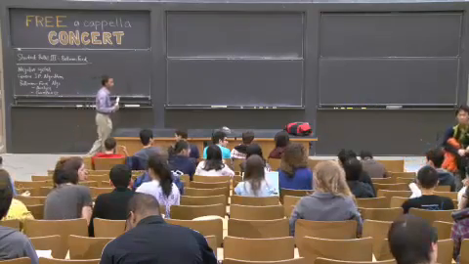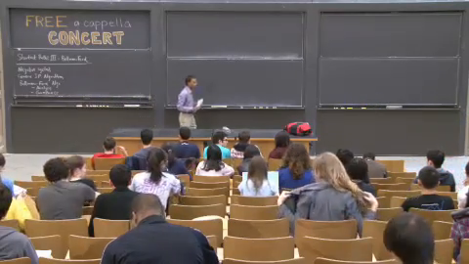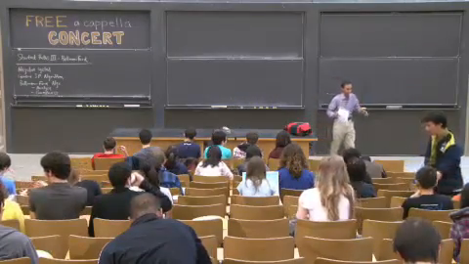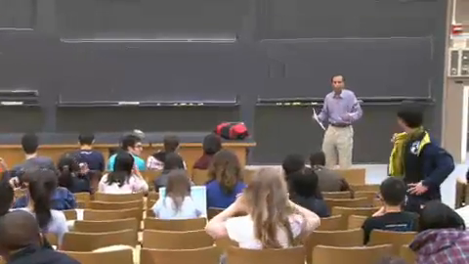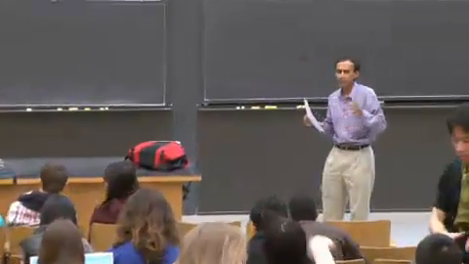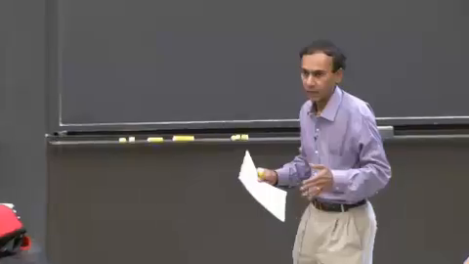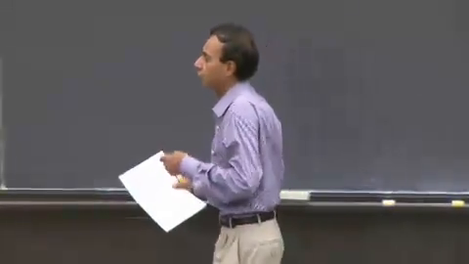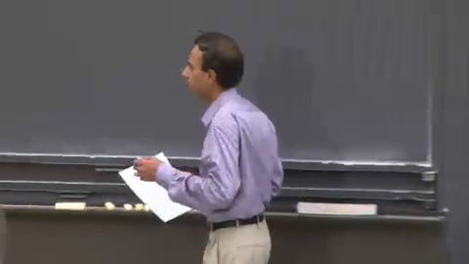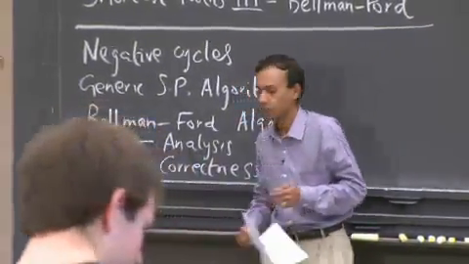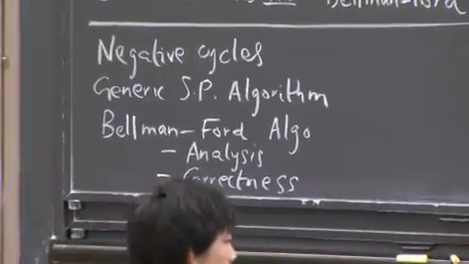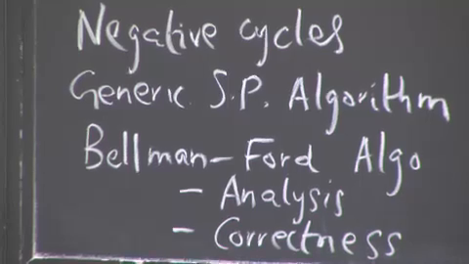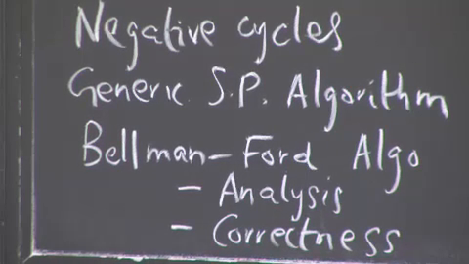So, lecture 3 of 4 in the shortest path module, and today we'll finally confront our nemesis, which are negative cycles or negative edges. And we will describe an algorithm that is due to two different people. They didn't collaborate to produce this algorithm, Bellman and Ford, which computes shortest paths in a graph with negative edges.